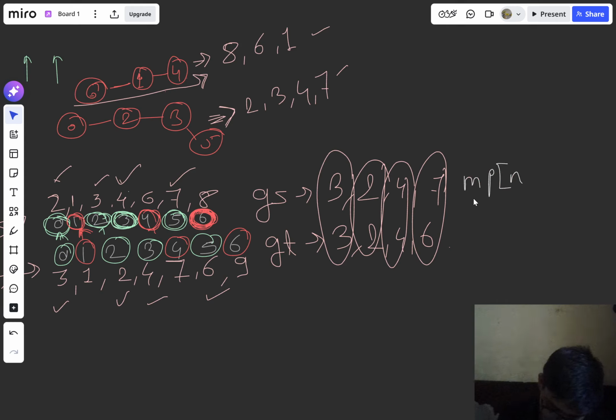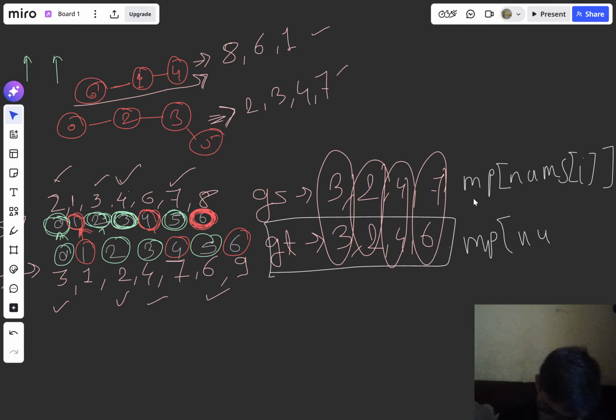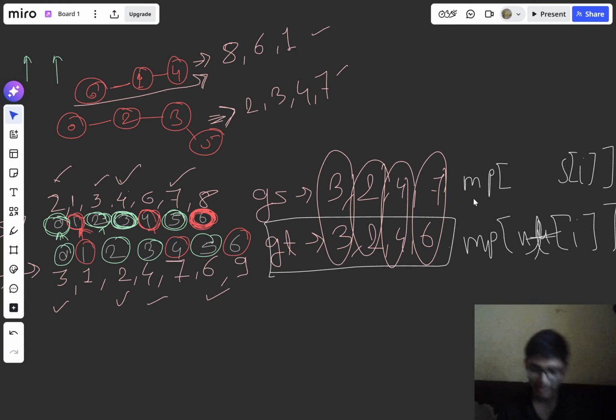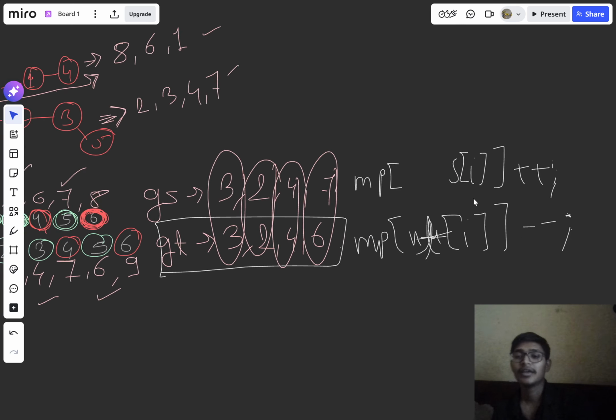So for source of i, we will increment its count in the map. And the elements which are present in the target, we will decrement their values from the map.